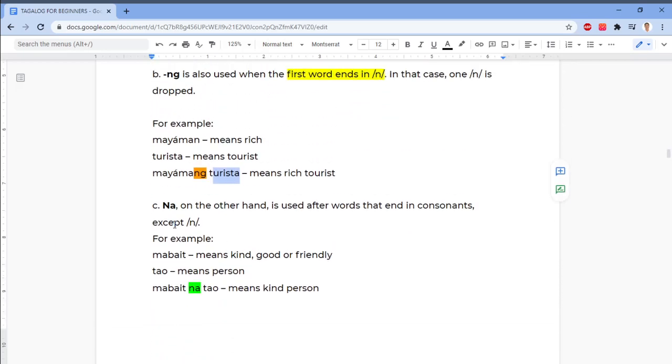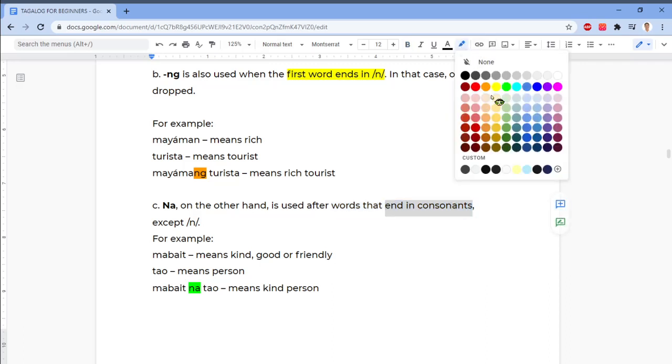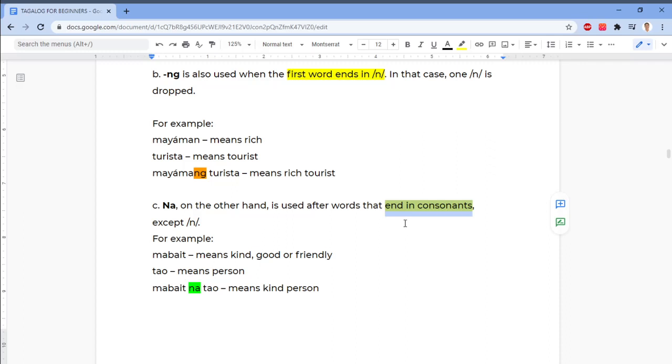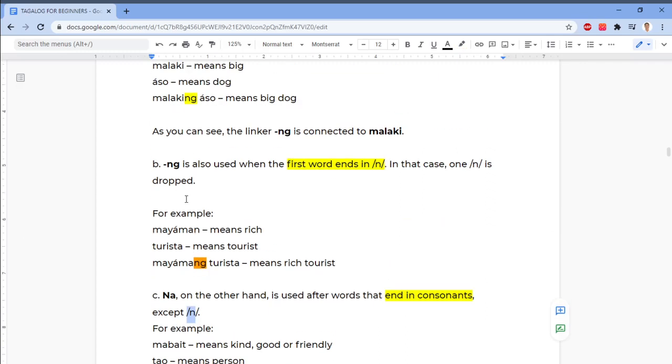Next is na. Na, on the other hand, is used after words that end in a consonant, except n, because the rule is that if the first word ends in n, you drop it and replace it with the suffix ng.